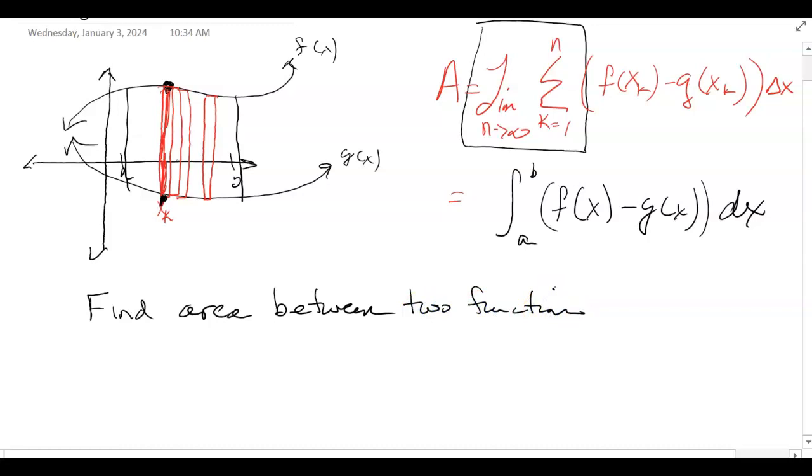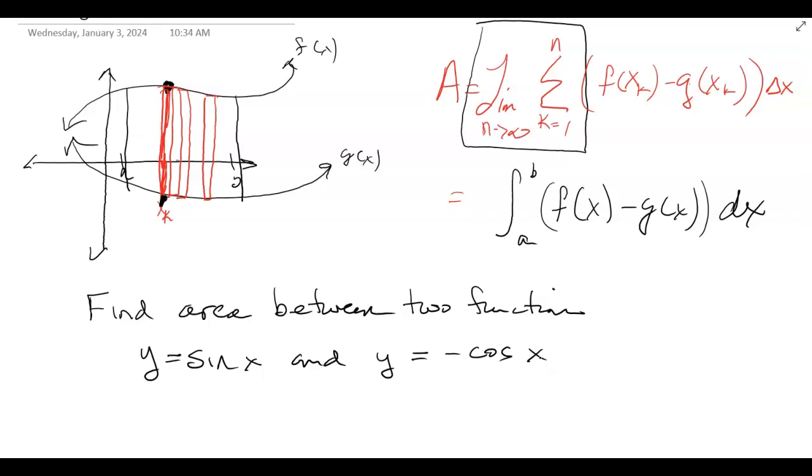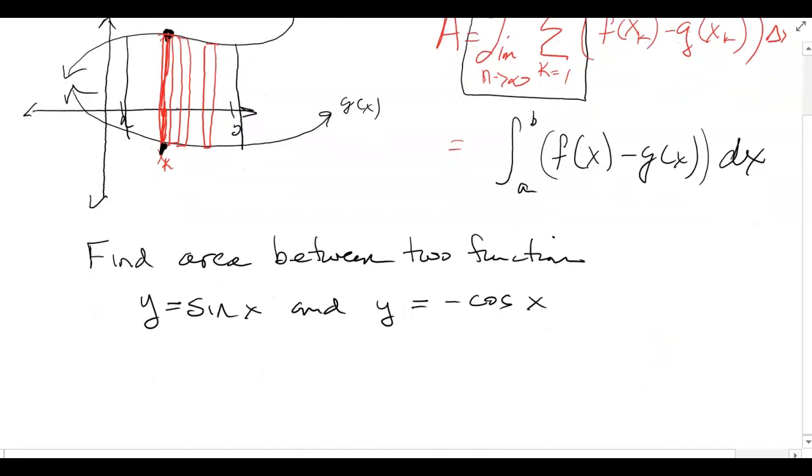We'll do trig, but we'll keep it kind of simple: y equals sine x and y equals negative cosine x. Obviously, these are two cyclic functions, so there's going to be infinitely many areas. We're going to limit it to one part of these functions.